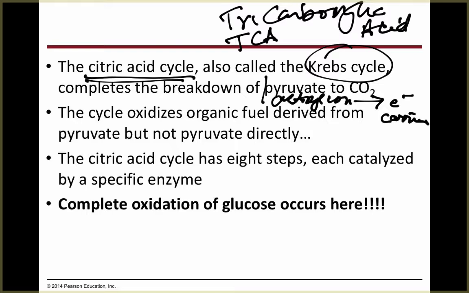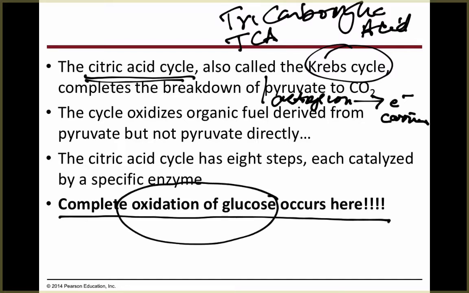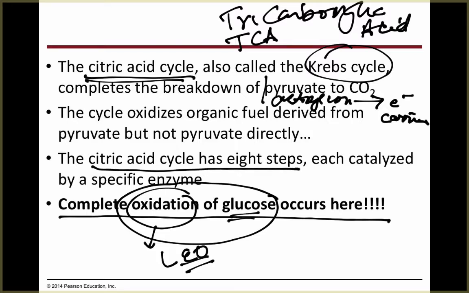So here is where the complete oxidation of glucose happens. And if you remember, oxidation means loss of electrons. So at this point, we're going to totally suck all the electrons and all the energy out of this glucose that we can. The citric acid cycle has 8 steps.